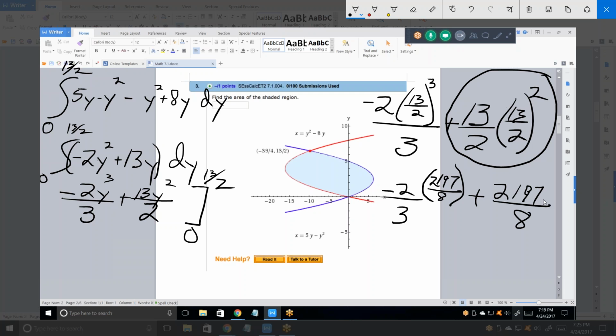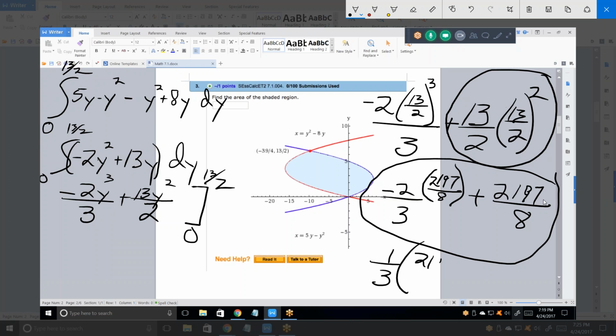Now notice, I'm just going to do this just because I noticed it. I got minus 2/3 of that fraction plus that whole fraction. Well, isn't that 1/3 of that fraction? There's our answer. 2197 over 24.